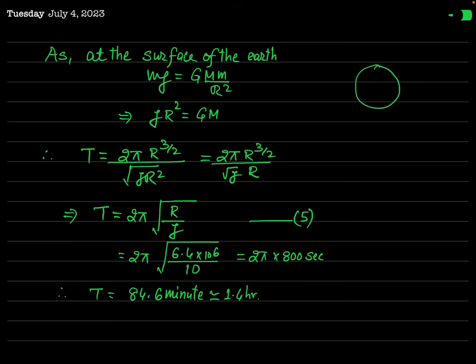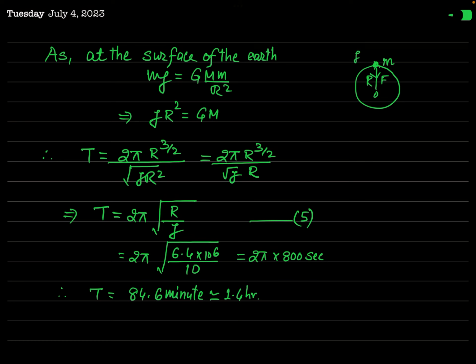Let us see, this is your earth having radius r, and on the surface of the earth there is a mass m. Or you can imagine that if the satellite is exactly on the surface of the earth, then the earth will attract it by a force F, and you know the force of attraction by the earth on a body is simply the weight of the body.